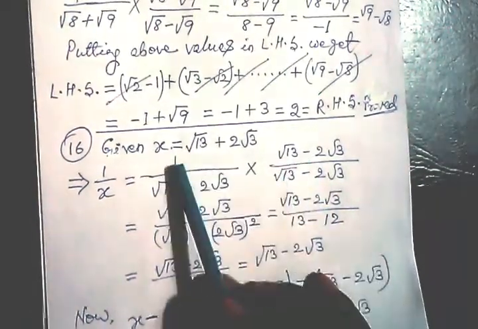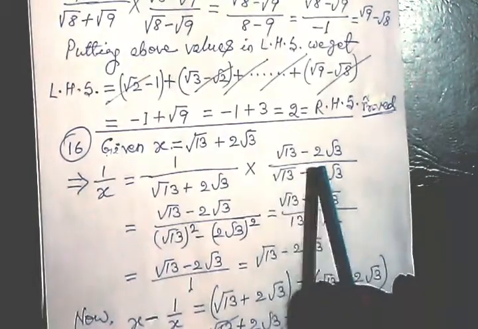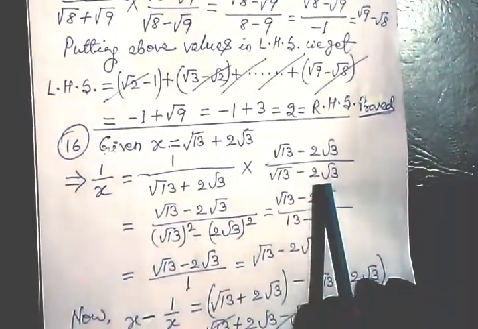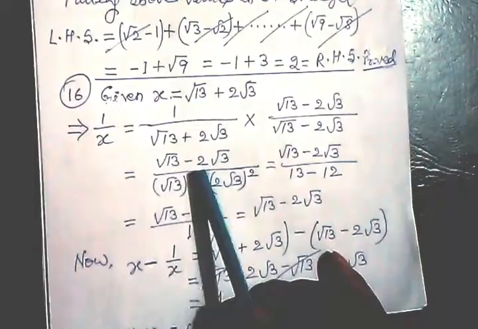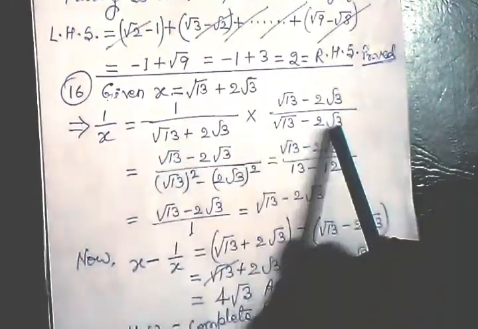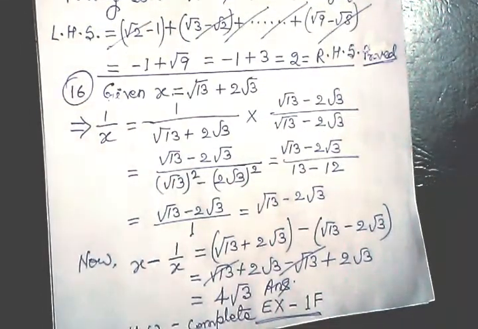We have multiplied the numerator and denominator by root 13 minus 2 root 3. Okay. So after rationalization, what is left here? Root 13 minus 2 root 3 in the numerator, and in the denominator it is a plus b into a minus b.